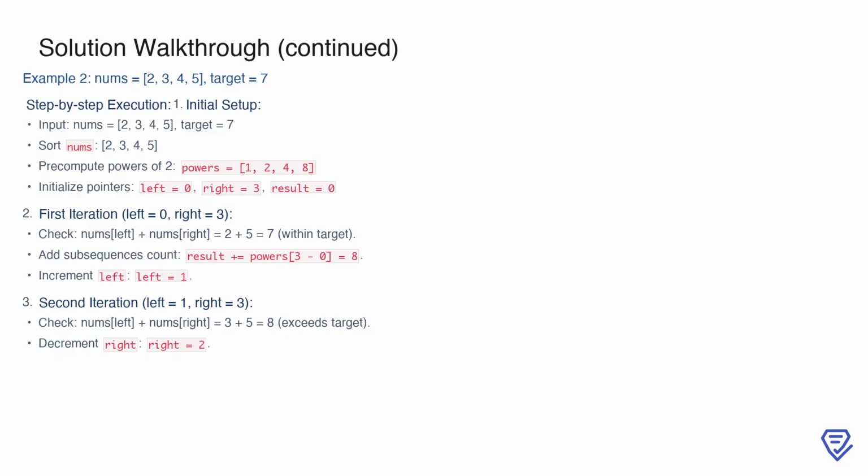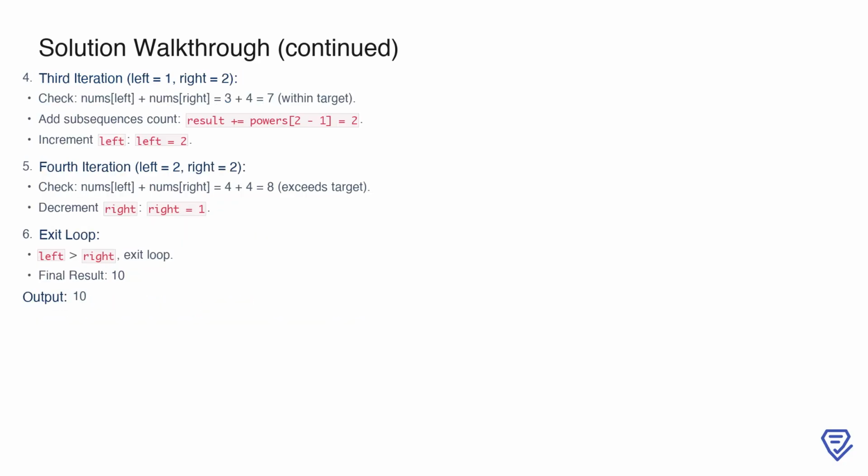In the second iteration, the sum becomes nums[left] plus nums[right], equals 3 plus 5, equal to 8, which exceeds the target. To reduce the maximum value, we decrement the right pointer to index 2. In the third iteration, with left at index 1 and right at index 2, the sum of nums[left] plus nums[right] is 3 plus 4, equal to 7, which satisfies the target. We add the count of valid subsequences using powers[right - left], which is powers[2 - 1], equals 2.